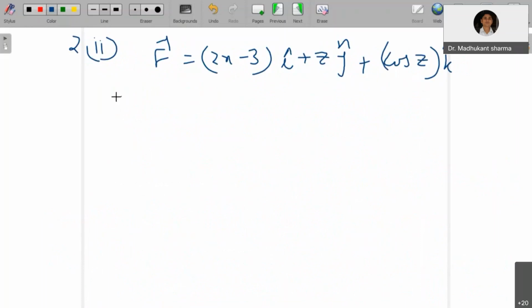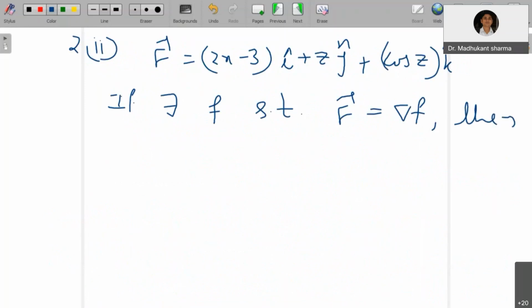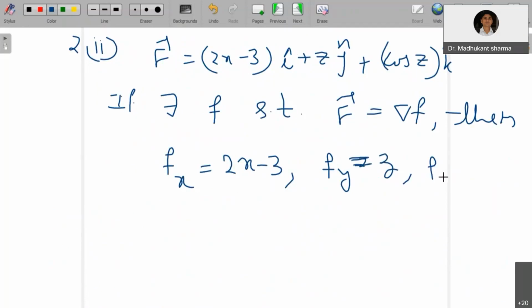Now, if there exists a small f such that F equals grad f, then you must have fx equal to 2x minus 3, fy equal to z, and fz equal to cos z.